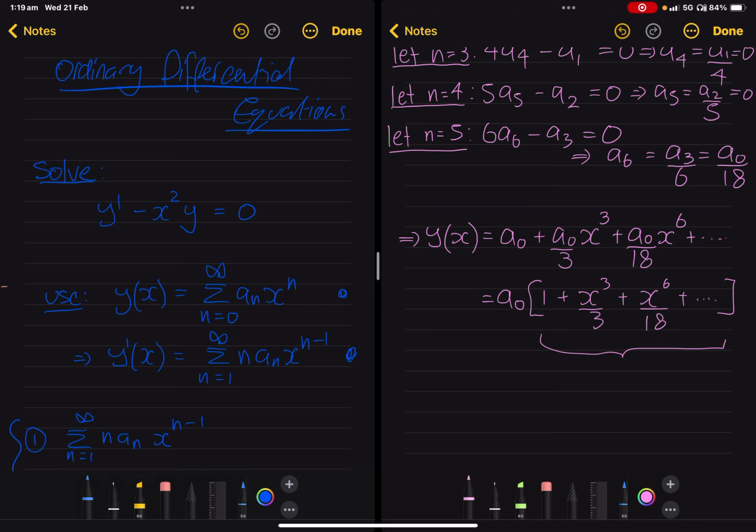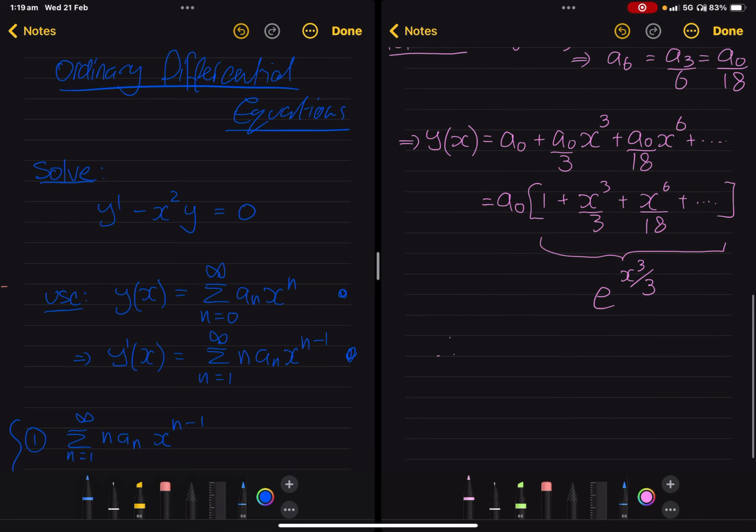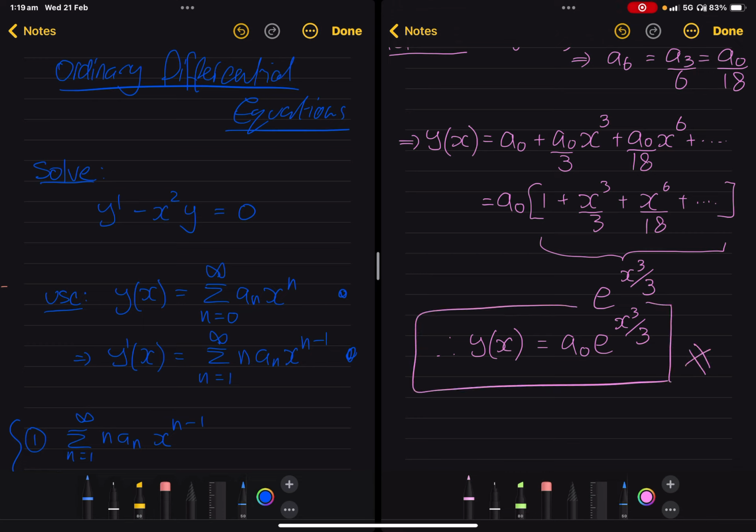You can use a whole bunch of Taylor expansions if you want. This ends up as e to the power of x cubed on 3. And so therefore, y of x is equal to a0, some constant, multiplied by e to the x cubed on 3. And this is the solution that we're after here.